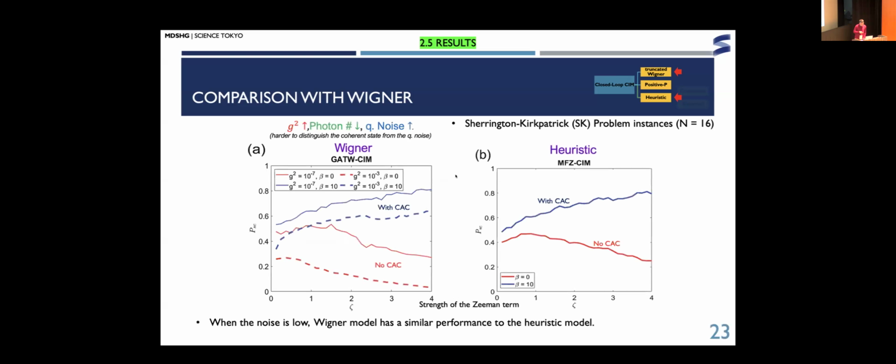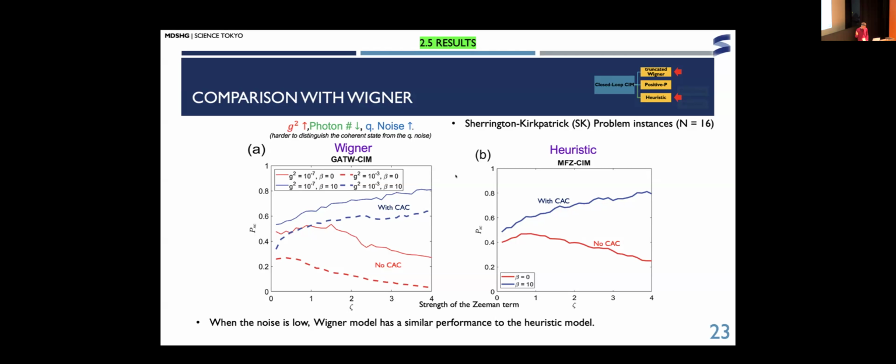One thing we have to think about is what happens if we increase the noise inside the Wigner simulations. When we decrease the mean photon number per pulse, the noise inside the CIM increases. The effect of noise that you can see here, even without chaotic amplitude control and with chaotic amplitude control, is a performance decrease in the Wigner model when we increase the G squared value.